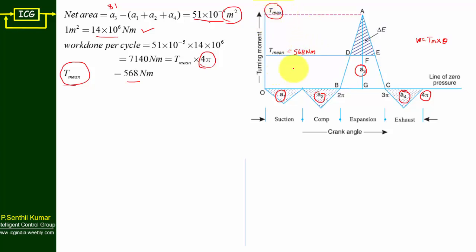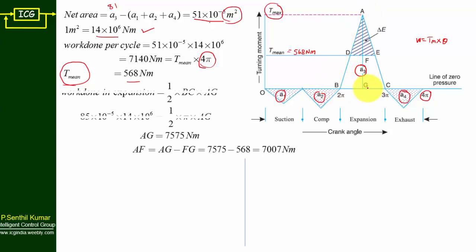So how do you find the T max value? Take the area of this triangle ABC. This triangle ABC is nothing but the area of the expansion stroke, the work done during the expansion stroke. That is equal to half into the height of this triangle, AG, multiplied by the width of the triangle, BC. So half into BC into AG.